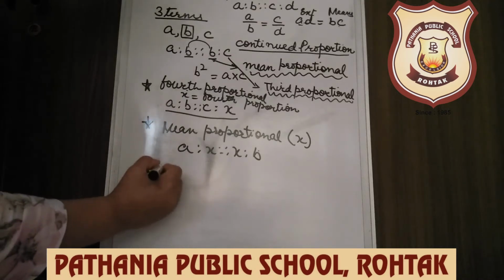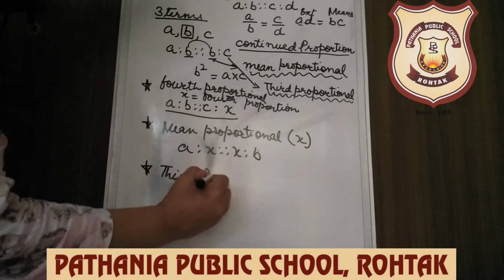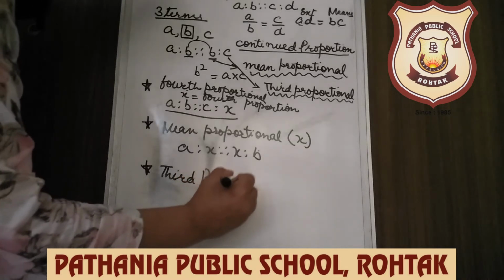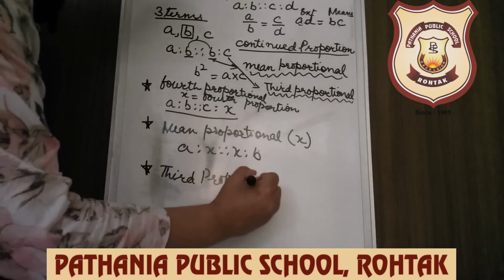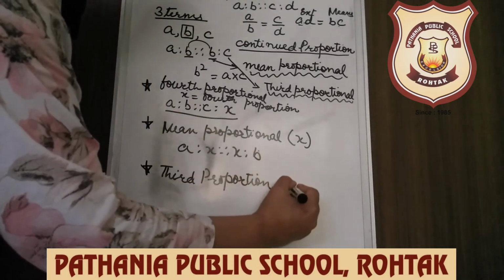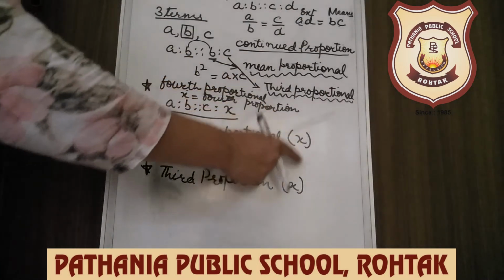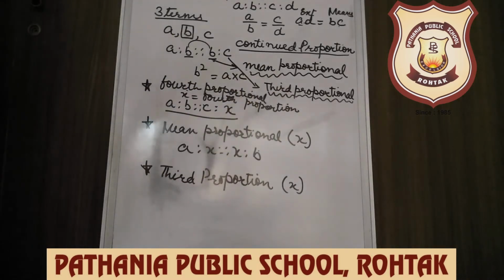And then when you have to find the third proportional, let the third proportional be X. Everywhere I have taken the unknown as X so that it will be easier for you to understand.